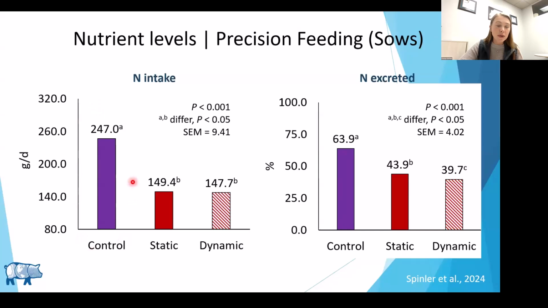This purple bar would be related to just having one lactation diet throughout that entire lactation period versus testing two different types of blending strategies, a static or a dynamic precision feeding strategy. And very similar to what we saw in the growing finishing pigs, we were able to reduce their nitrogen intake by better meeting that animal's need throughout the entire lactation period, which ultimately resulted in a reduced nitrogen excretion.